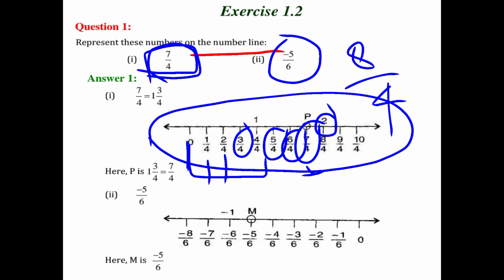So this is the number line. Say for example this is 0, this is 1, and this is 2.